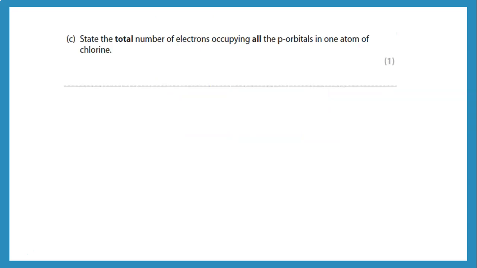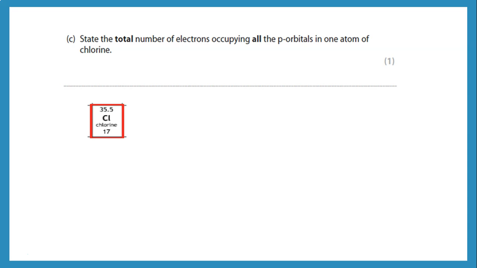State the total number of electrons occupying all the p orbitals in one atom of chlorine. Please pay attention to what he is asking for. What does he want? He wants the total number of electrons in all the p orbitals in chlorine. So, first thing, I need to distribute the electrons in chlorine. How many electrons?